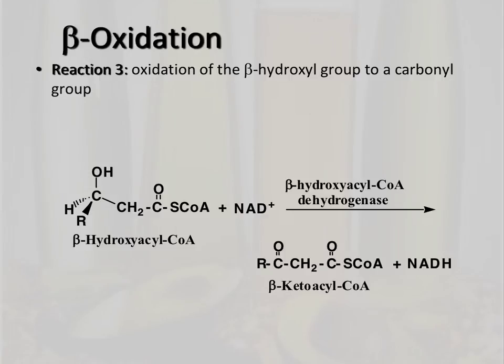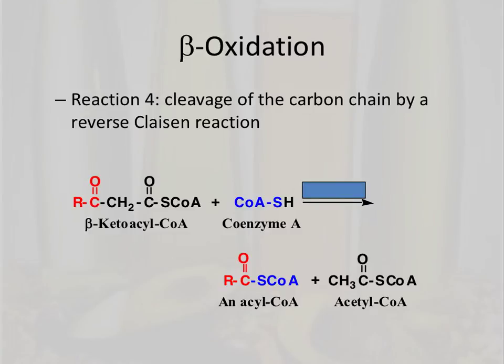So we had step 1 was oxidation, step 2 was hydration, step 3 was oxidation, step 4 is cleavage. Oh, whoops, I forgot to show you. Step 4 is cleavage. Let's jump the gun there. You're going to get two products, one of which is acetyl-CoA, which can go on to the citric acid cycle.